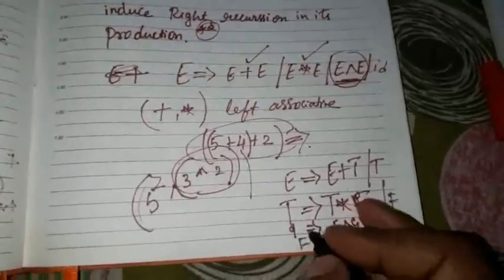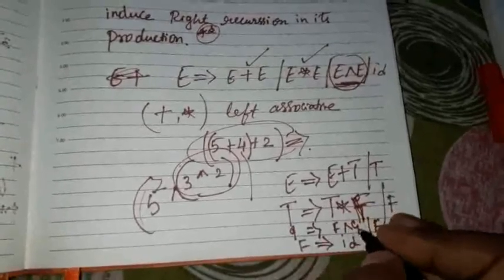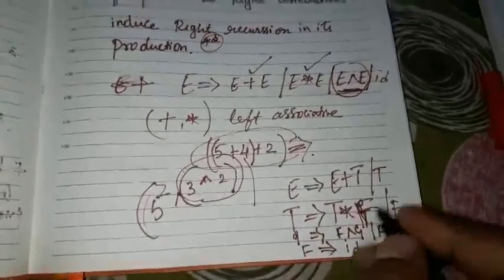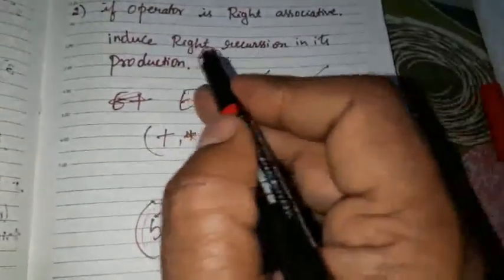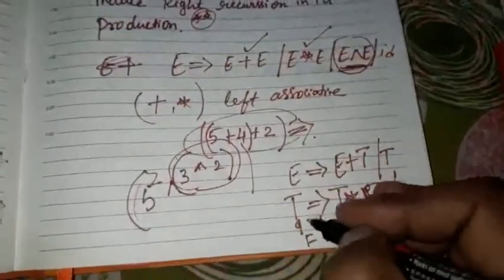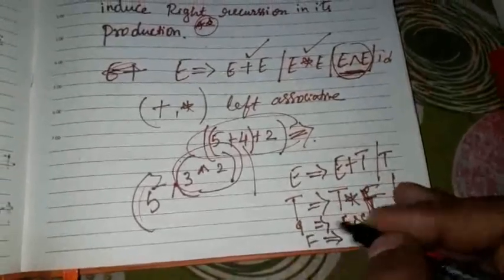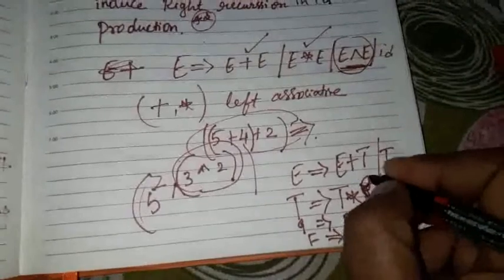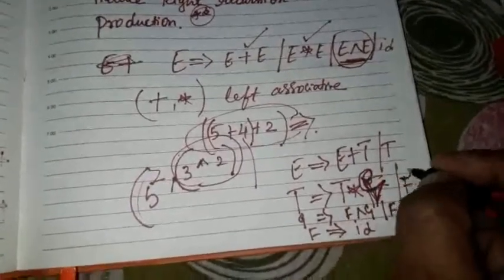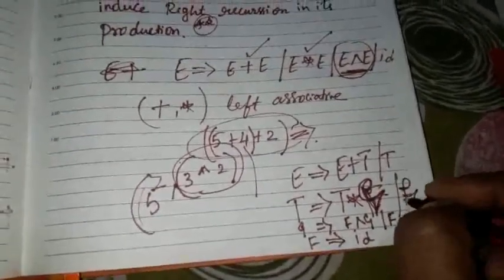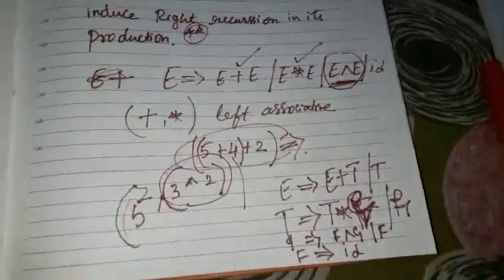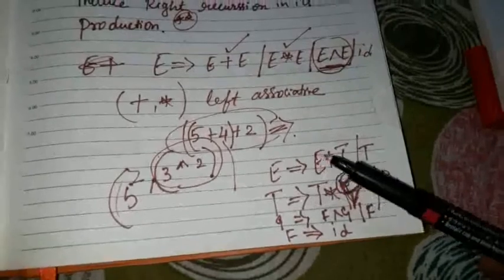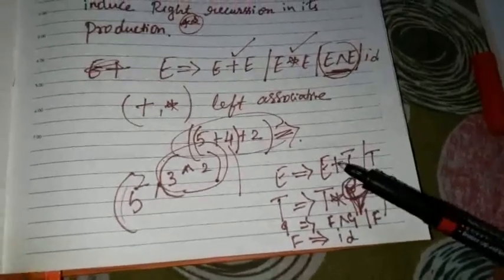See, G tends to F power G. That means your growth is towards the right side. That is the meaning of right recursion. And from this line, if I want to go to this line, this F should be changed to G. Similarly, this F should be changed to G. See, E tends to E plus T, growth is towards the left side because plus is left associative.